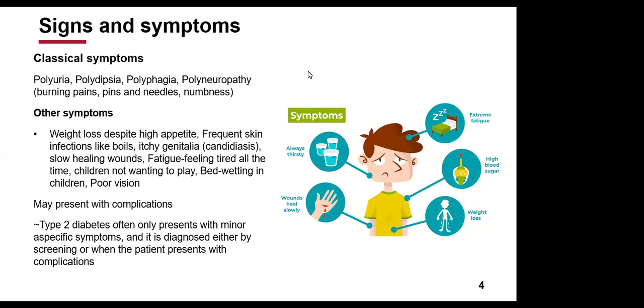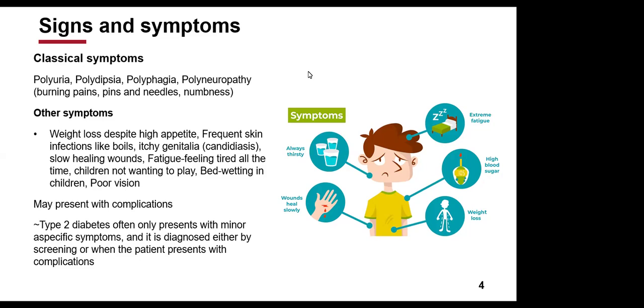We have polydipsia, that is frequent thirst, and patients tend to drink a lot of water. Then we have polyphagia, increased appetite, and patients tend to feel hungry all the time and more frequently.